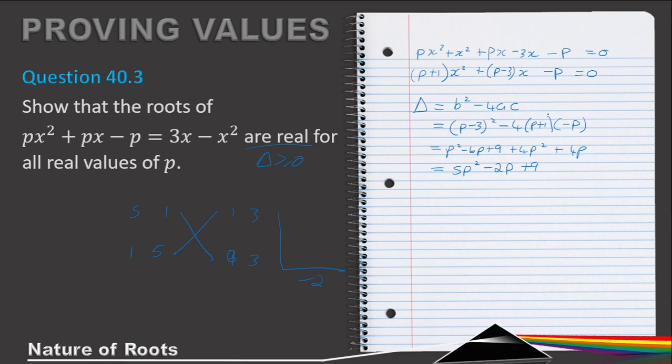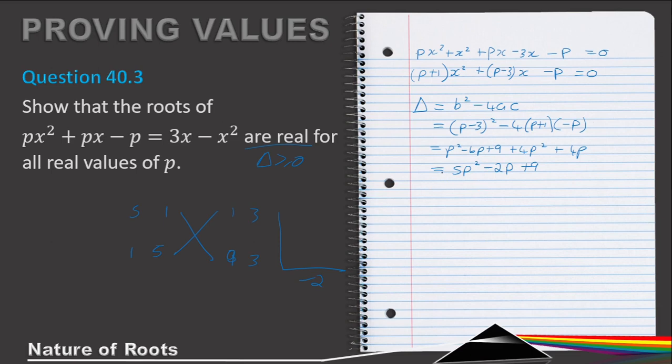Okay, what's the next thing we're going to try? If we look at our p-values, we should try and see that for this always to be bigger than 0, this value is being subtracted. So we want to try and prove that the first value minus the value that's going to be subtracted gives us a positive value.